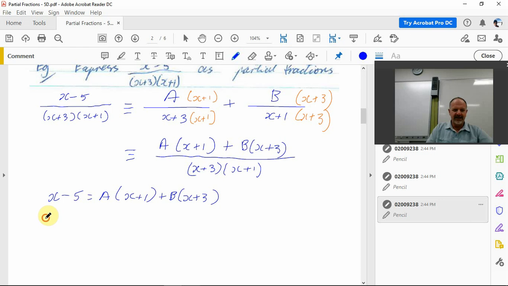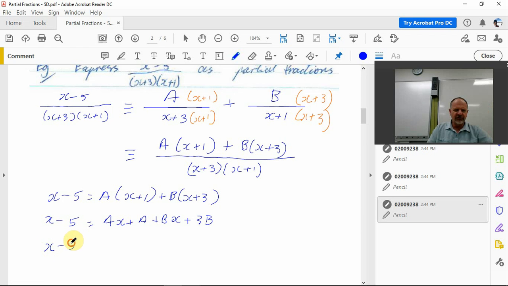Let's expand here. So x minus 5 is ax plus a plus bx plus 3b. Collecting like terms together. Actually, I don't even need to. This is one way of doing it, and this is the long way, but I'll do it the long way.